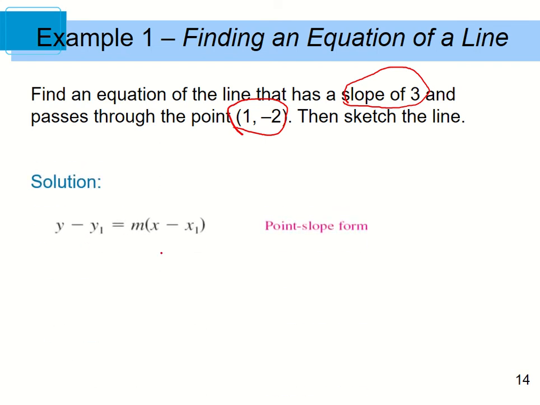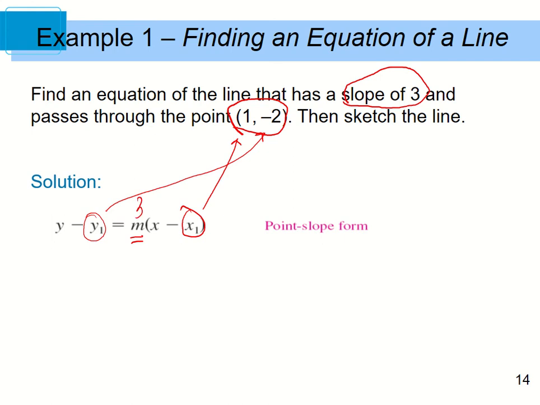By using the point-slope form formula, we can replace the x1 and y1 with the point. What is the x1? It's 1. And what is the y1? It's negative 2. And we can also replace the m with the value given. The m is 3.